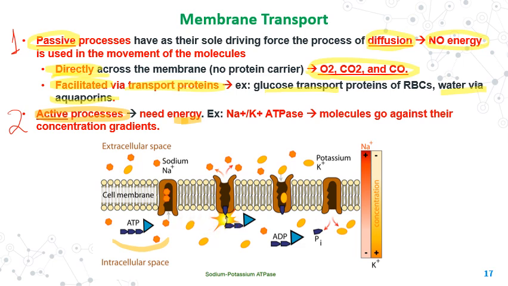On the other hand, you also have secondary active processes, okay? So here, this is your primary active process. But then you have a secondary active process in which you make use of the gradient and you push another molecule up its concentration gradient.